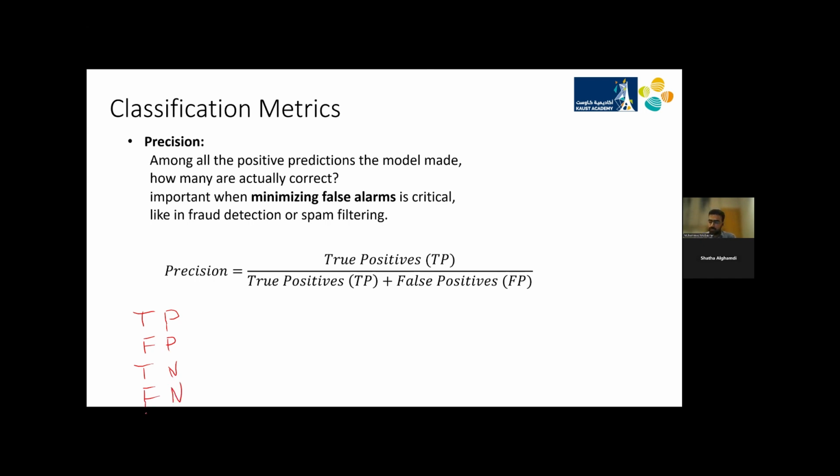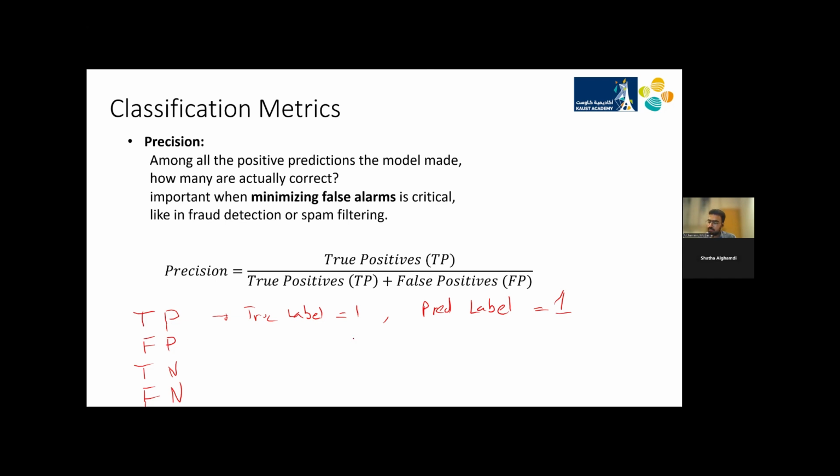True positive means that the true label was 1, and the predicted label was also 1.